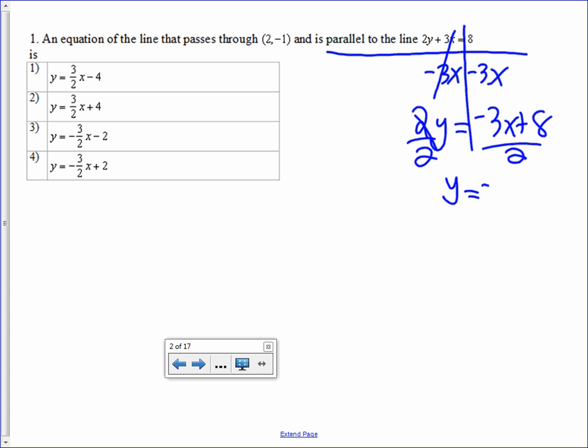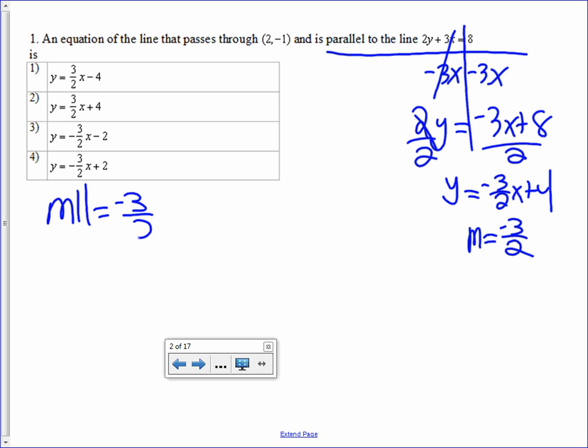Once I get y by itself, I know that my slope is negative 3/2. If the slope of this line is negative 3/2, then the slope of the parallel line must also be negative 3/2. We know from our sum, parallel lines have the same slope, perpendicular lines have negative reciprocal slopes.